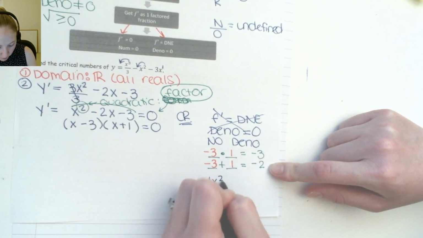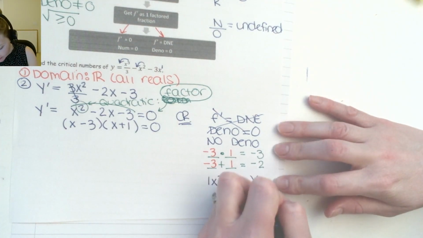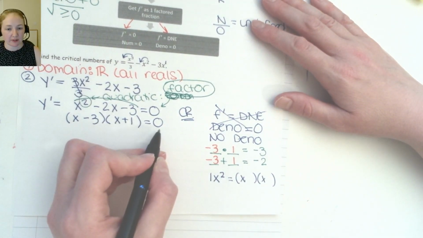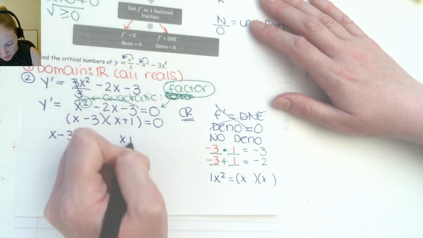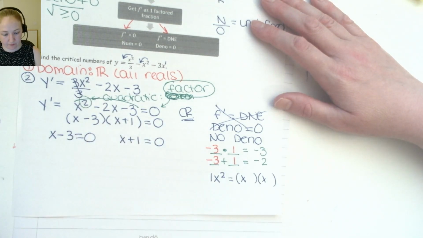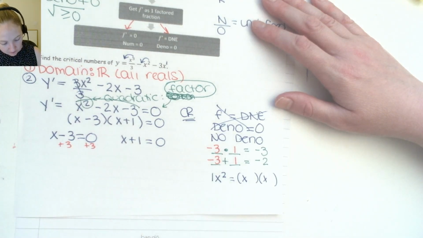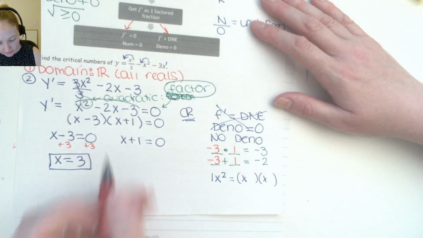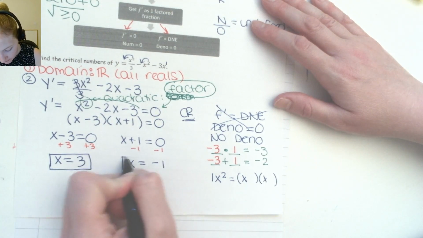Notice because it is 1x squared, I do not need to split the middle. I can just write it as x and x. So I have x minus 3 times x plus 1 equal to 0. To solve that equation, I simply set x minus 3 equal to 0 and x plus 1 equal to 0. Adding 3 to both sides gives us x equals 3, and subtracting 1 from both sides gives us x equals -1.